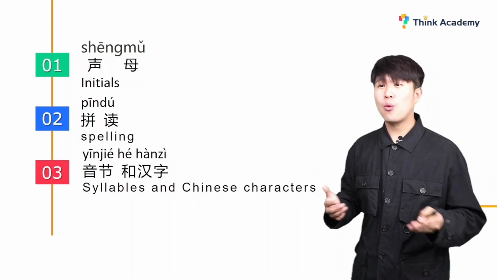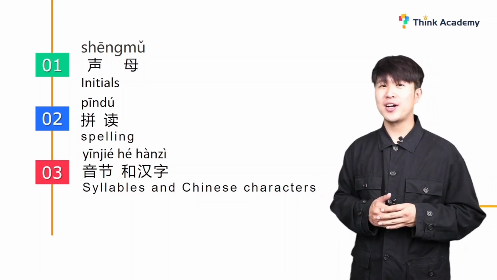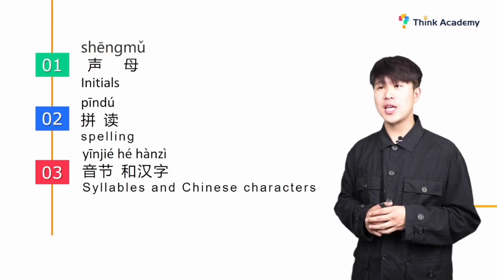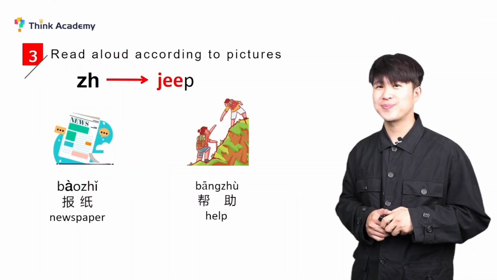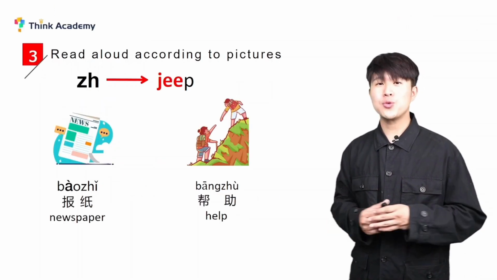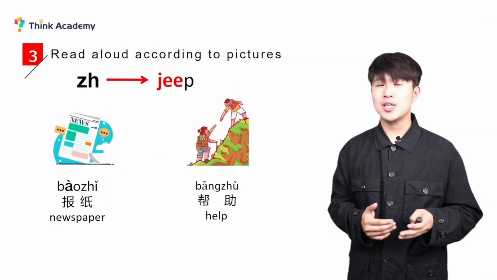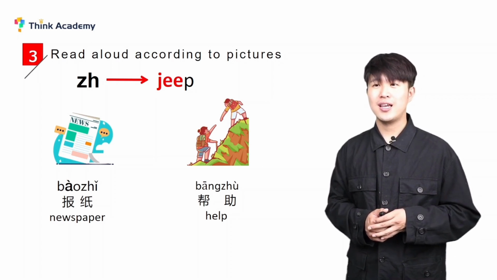Alright, just now we have finished the spelling part. Here come the syllables and Chinese characters. The first 2 pictures. Read aloud according to pictures. The first one.